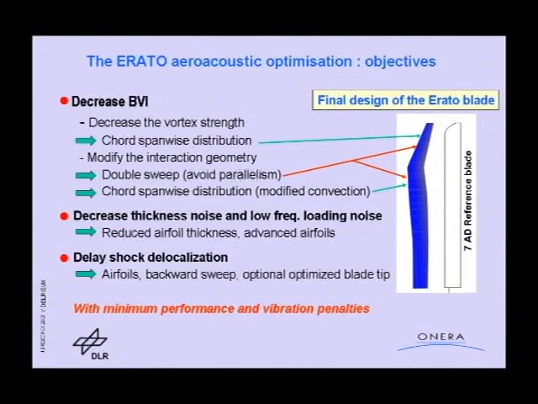And we wanted to modify the interaction geometry, that is to avoid any parallelism between vortices and blades. To do this, we introduced a double sweep, forward-backward. And also we played with the twist distribution to have a vortex convection which would be higher in the inner part of the disk than at the tip, to have non-parallelism in the vertical direction. You have the blade like this and the vortex is ideally like this.